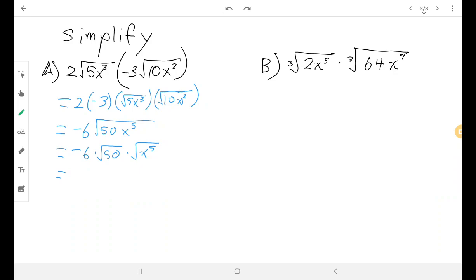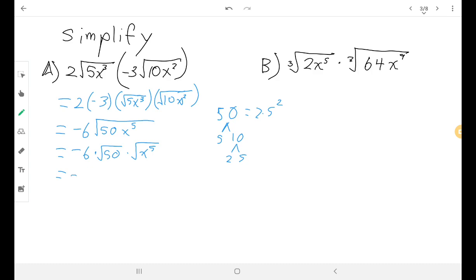Actually, why don't we just explore it right now? Let's factor 50 into a factor tree. It's 5 times 10. 10 is 2 times 5. So a 5 squared there. So it's 2 times 5 squared.